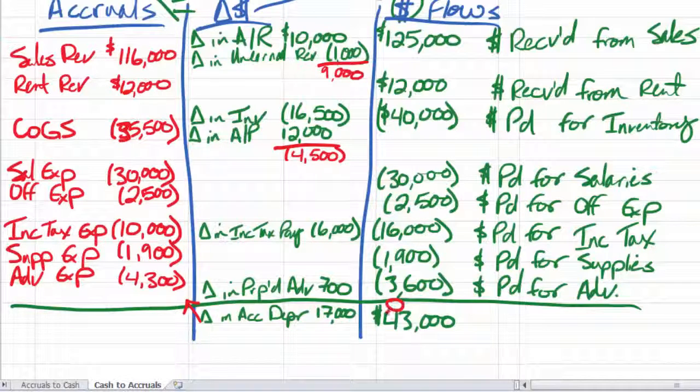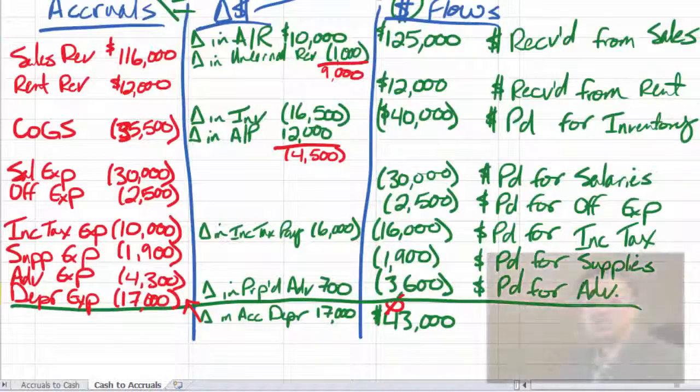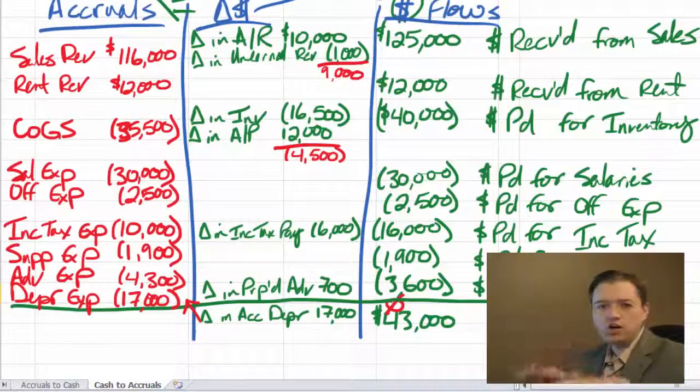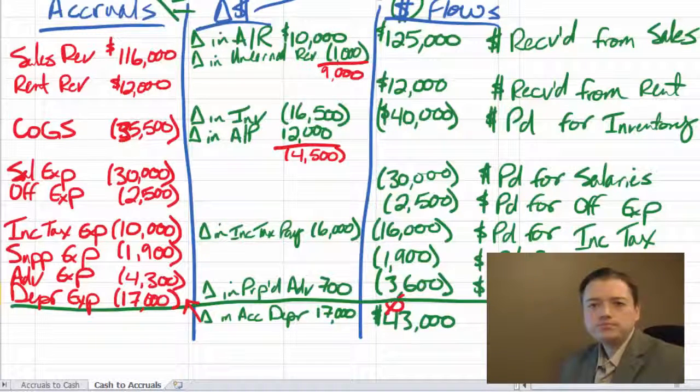It's 0 over here minus 17, so depreciation expense negative 17,000, and that's what we should see. Depreciation expense should always be negative. So you'll notice I didn't worry about teeter-totter or the wave or anything when I was deciding on this adjustment. I just make it a positive because I know 0 minus that positive number is going to give me my negative expense when I do this conversion.